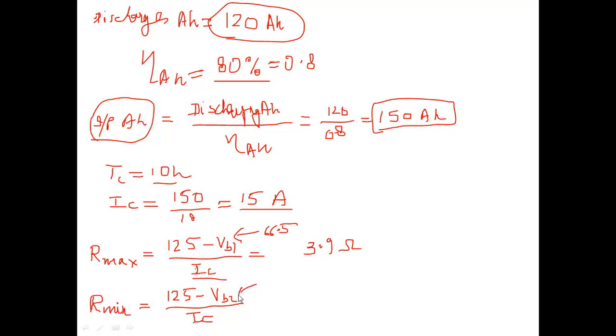VB2 we had just now calculated as 91 volt. So if we place these values, we will have a resistance of something around 2.27 ohm. So this was all that was asked in the question. Moving on to the next question.